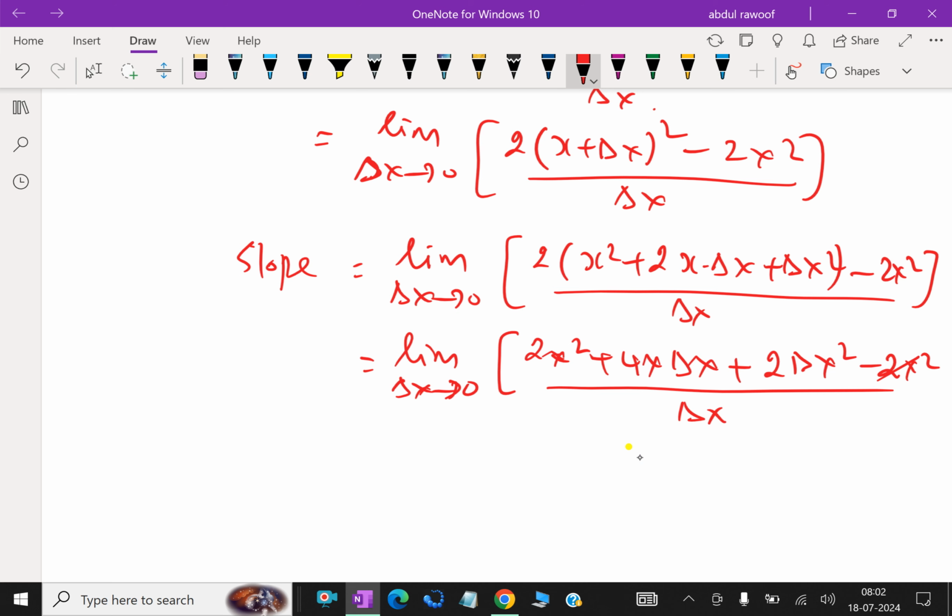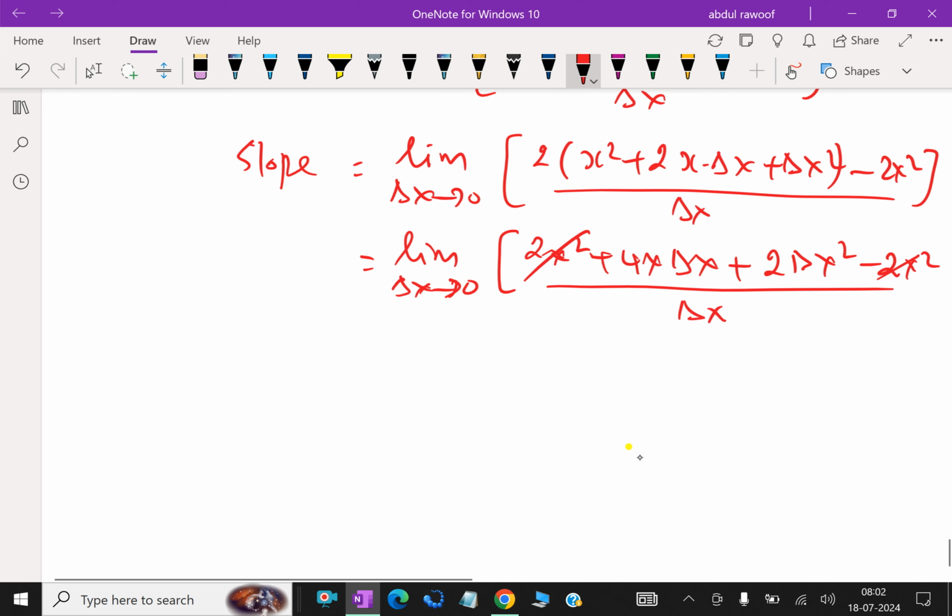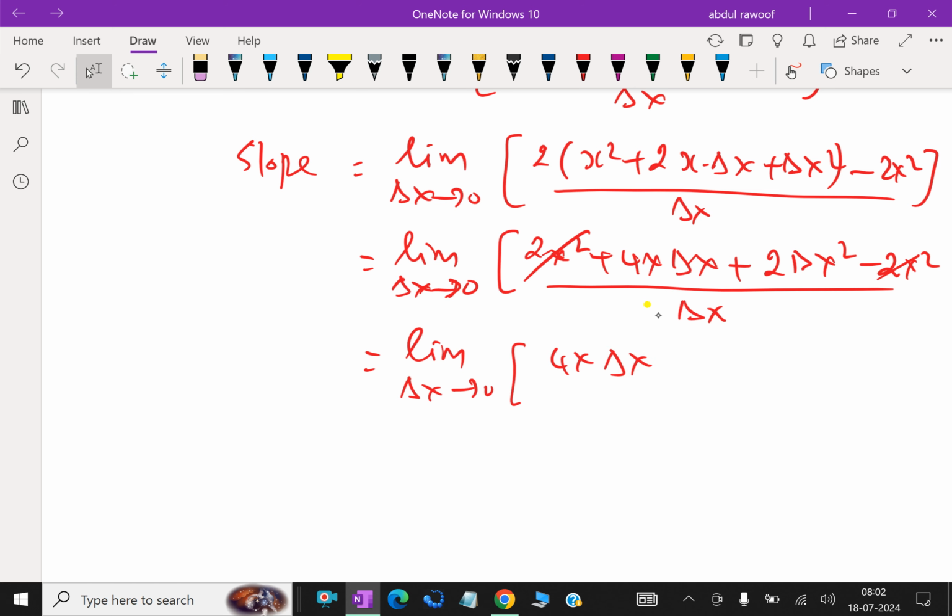Here 2x squared and 2x squared cancel, which gives the limit as delta x tends to 0 of 4x delta x plus 2 delta x squared over delta x.